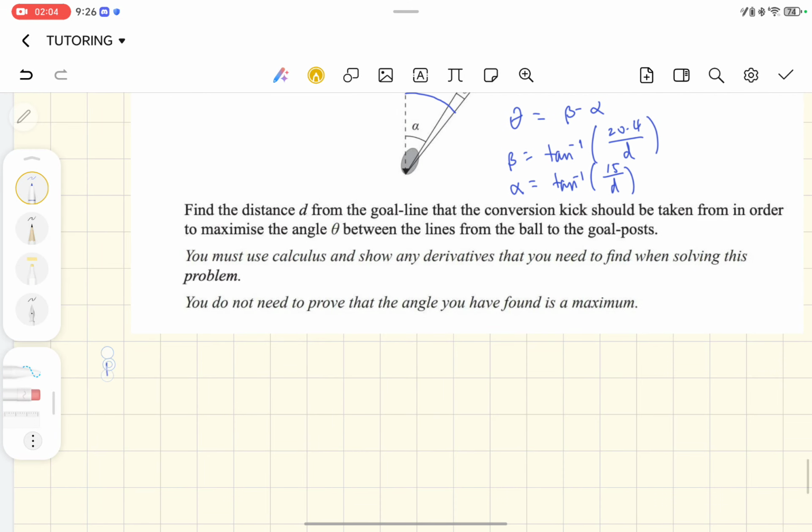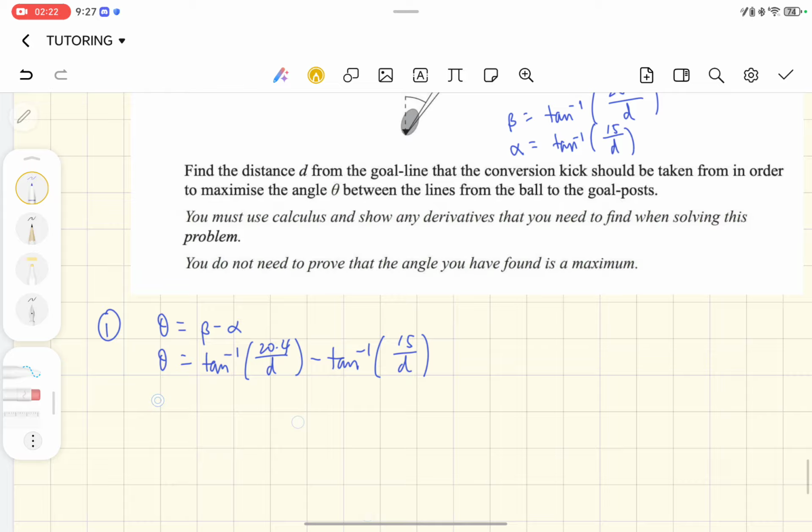So we'll go through the first way, which is theta equals beta minus alpha. So theta equals tan inverse of 20.4 over d minus tan inverse of 15 over d.